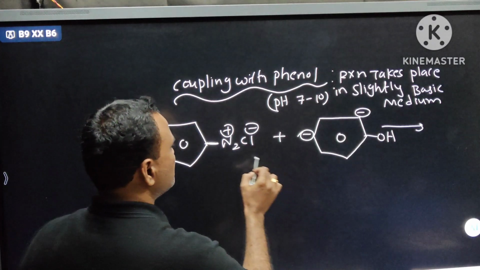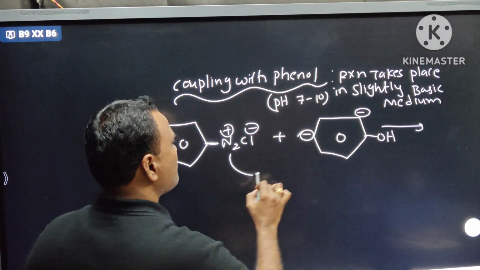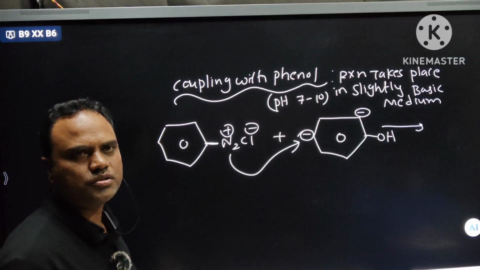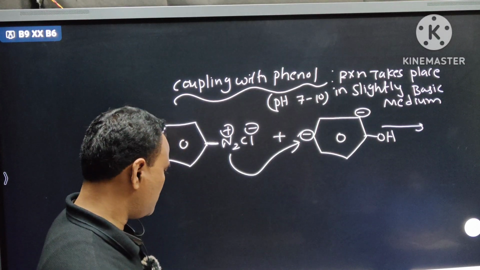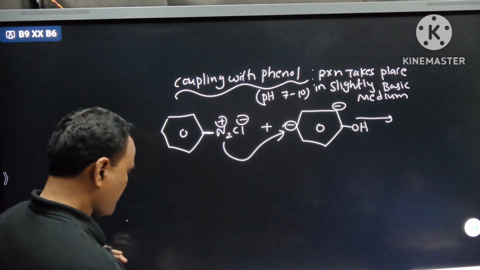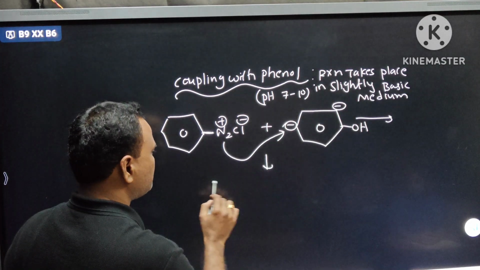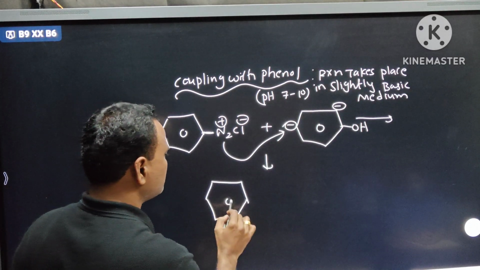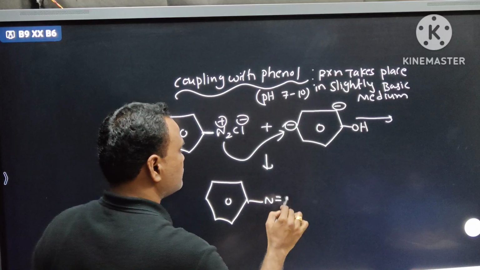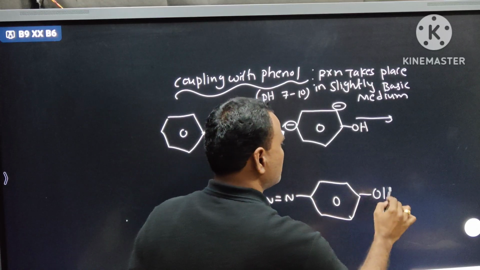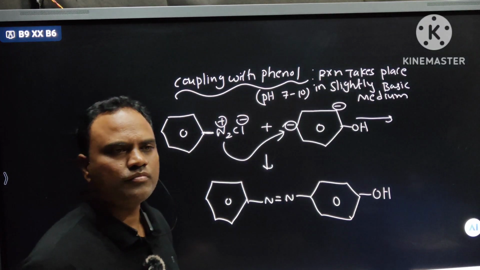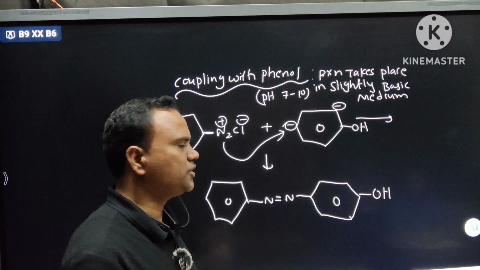Same reaction. Nitrogen joins to phenol at the para position. What is the color of the compound?